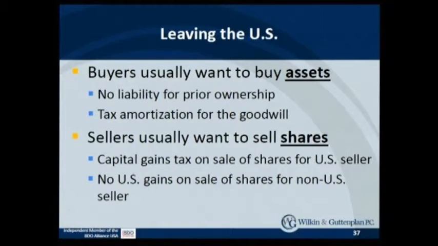And for goodwill in the US, you can amortize goodwill over 15 years. So even if the buyer is buying basically all the purchase price for goodwill, they're going to get a 15-year write-off. They do that same purchase, and by buying the shares of a corporation, they get 0 write-off and goodwill sitting on their balance sheet.